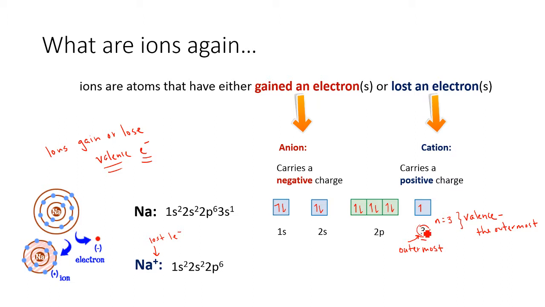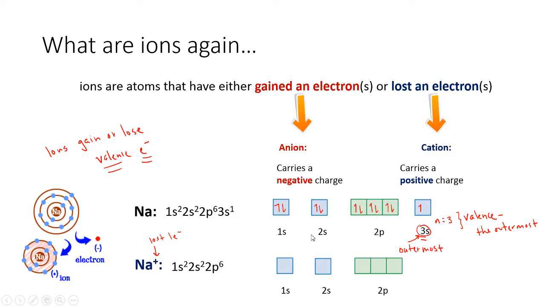We're going to see that 3 is the biggest number, 1, 2, 3. He's the outermost. There's the electron that sodium will lose. So in order to become sodium plus 1, he's going to let go of his 3s electron. When he does that, he will lose the 3s shell entirely, and he will just have 1 and 2 as his energy shells.